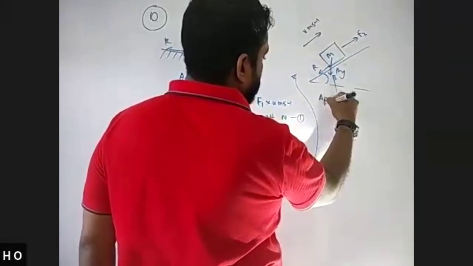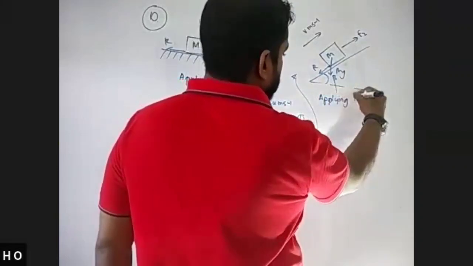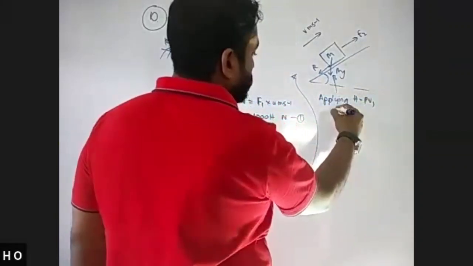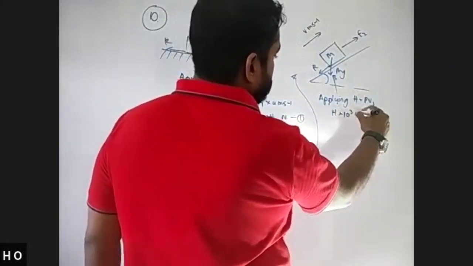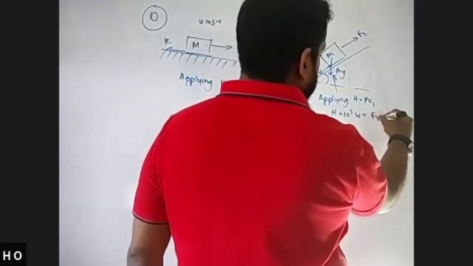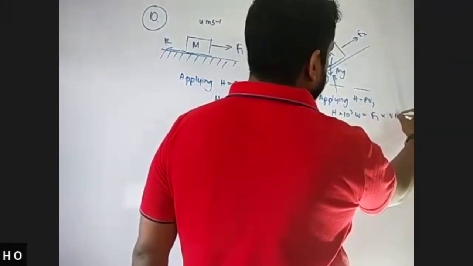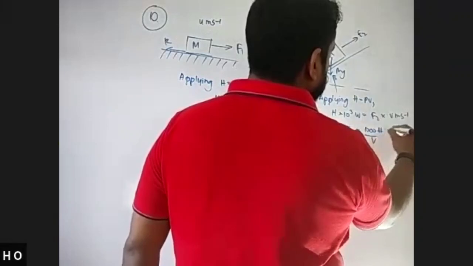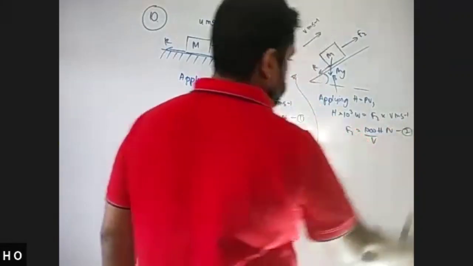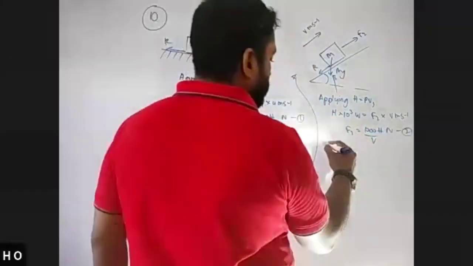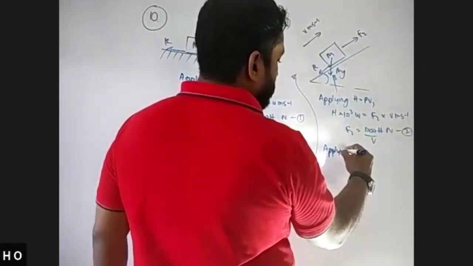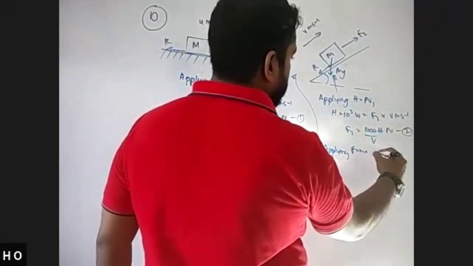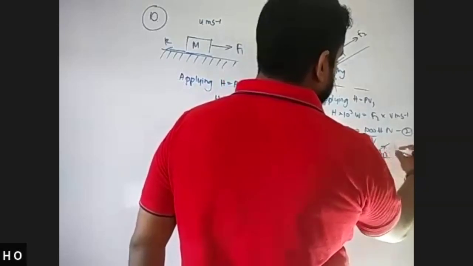So here also you apply power equals force times velocity. H into 10 to the power 3 watts equals F2 into v meters per second. Then F2 is 1000 h over v newtons. Correct? Now we apply F equals ma up the incline, beta upwards.